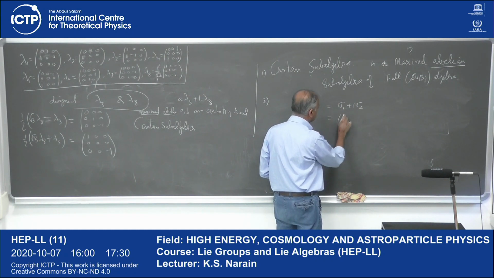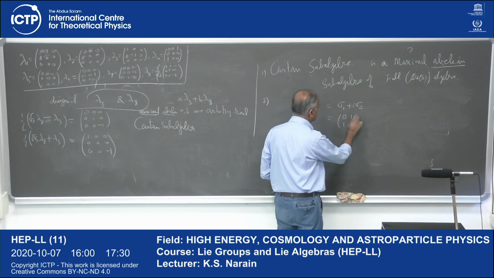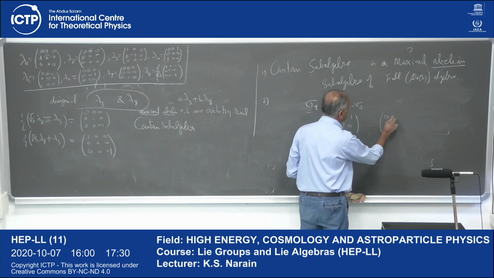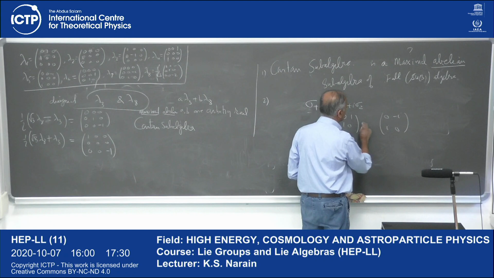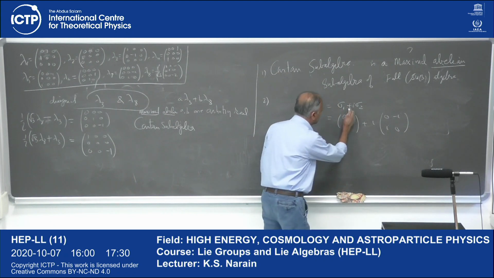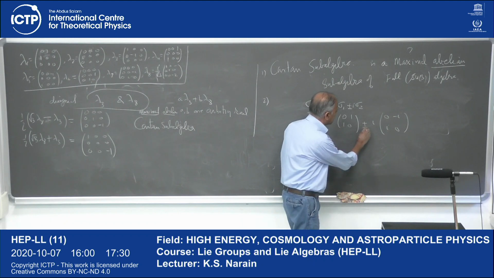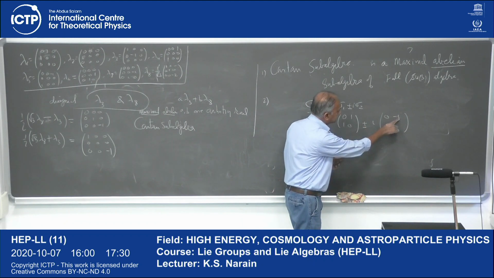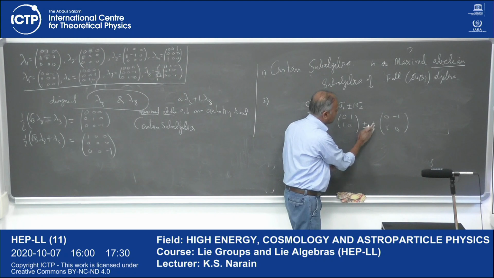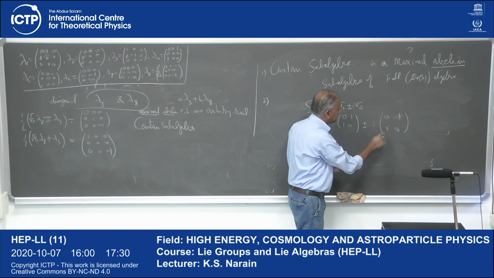This was 0, 0, 1, 1, 0, and sigma 2 was 0, minus i, i, 0, and then I multiply by i here. Let me put plus or minus, both. If I multiply i inside, i times minus i is 1, so this becomes 1, and i times i is minus 1.